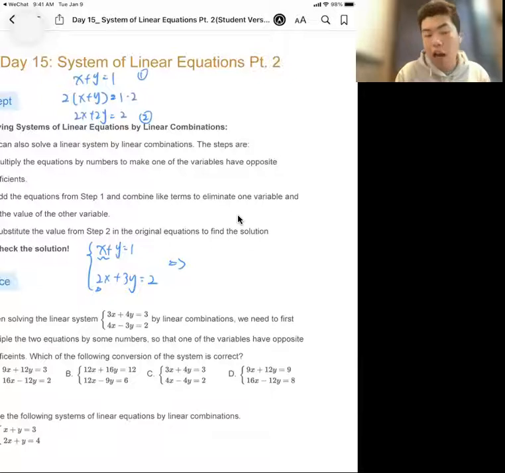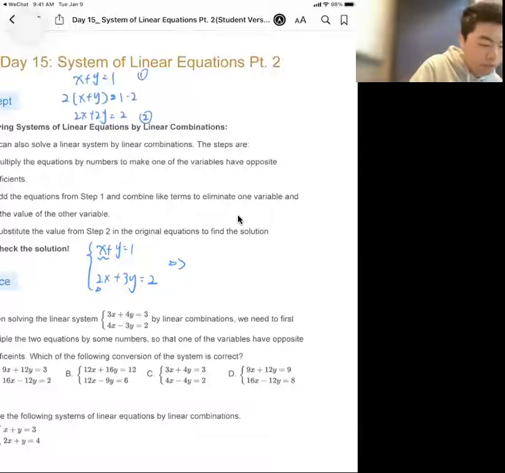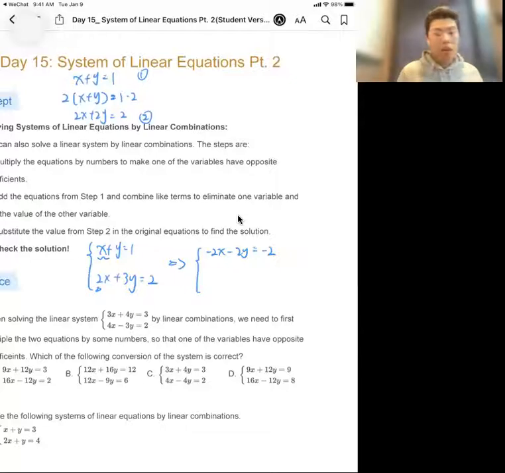So I need to make the coefficient in the first equation the opposite. Here the first equation becomes negative 2x minus 2y equals negative 2. So the first step is to multiply by negative 2 on both sides of the first equation. For the second equation, we don't have to do anything, so just leave it as 2x plus 3y equals 2.